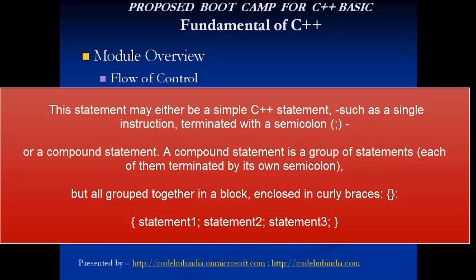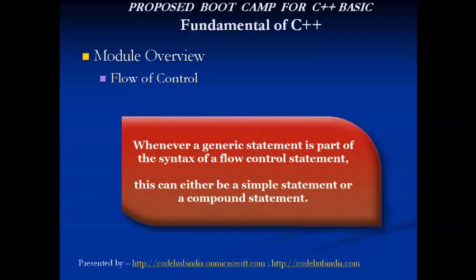Statement 1, Statement 2, Statement 3: the entire block is considered a single statement, composed itself of multiple substatements. Whenever a generic statement is part of the syntax of a flow control statement, this can either be a simple statement or a compound statement.